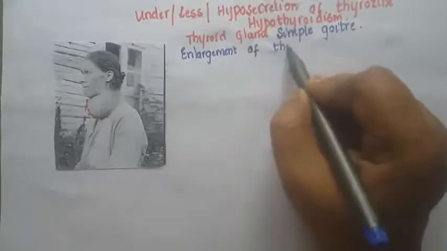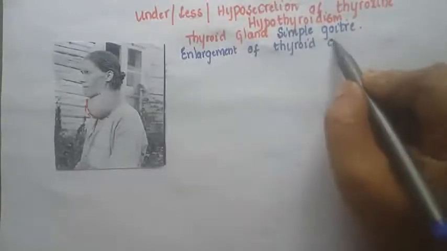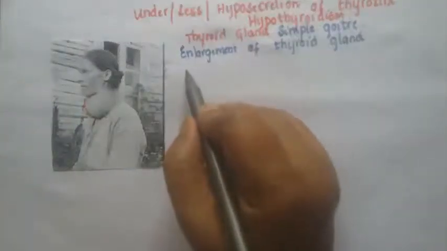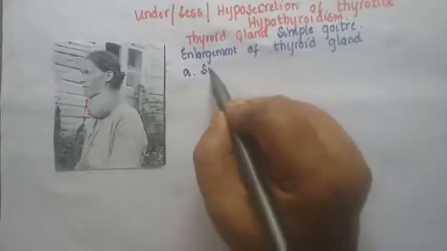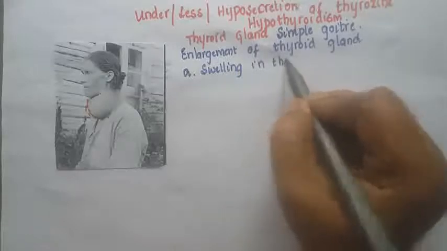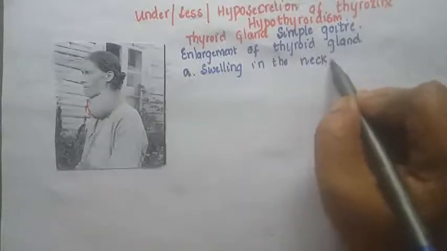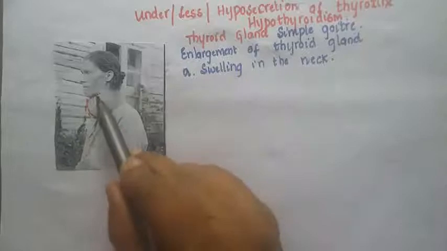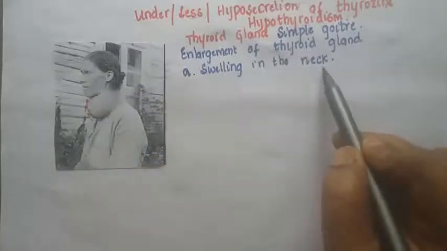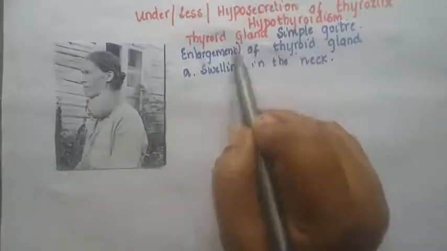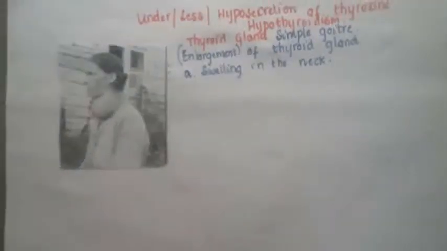There is an enlargement of the thyroid gland, right? So what is the first symptom? You will find there is a swelling in the neck region. In case of a simple goiter, one can find a swelling in the neck region, due to the thyroid gland which has increased in its size abnormally.